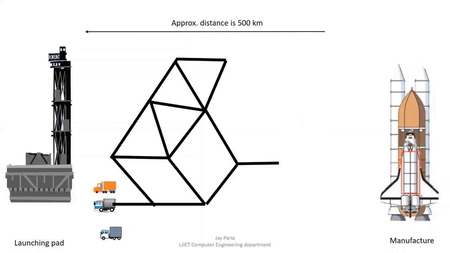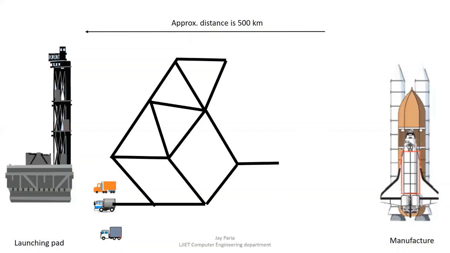Now at the launching pad, all the parts will be assembled together again, and after that it will be tested and the whole space shuttle and rockets will be sent to space. So what I'm trying to say is that transferring this massive space shuttle and rockets is very difficult.